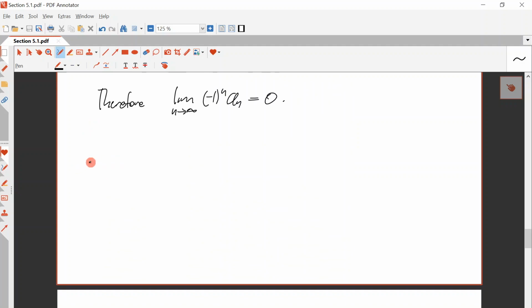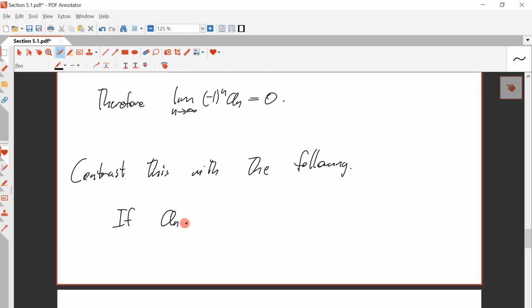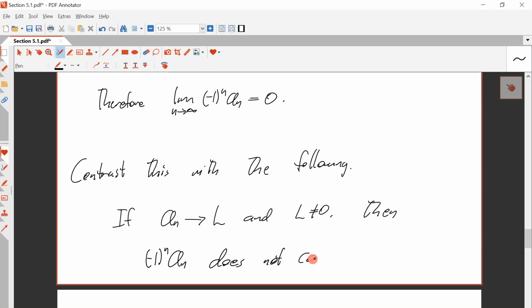This is in contrast, right? If a_n converges to L and L is not 0, then (-1)^n a_n does not converge.